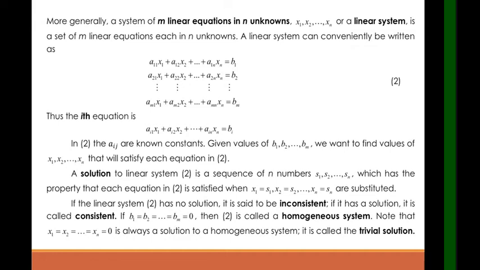And then another linear equation here is a sub 21 x sub 1 plus a sub 22 x sub 2 plus ellipses plus a sub 2n x sub n equals b sub 2. And ellipses up to a sub m1 x sub 1 plus a sub m2 x sub 2 plus ellipses plus a sub mn x sub n equals b sub m.